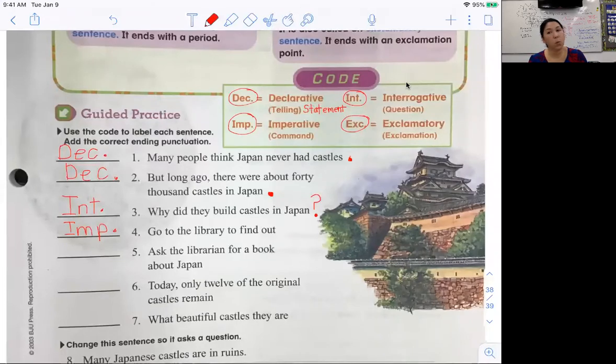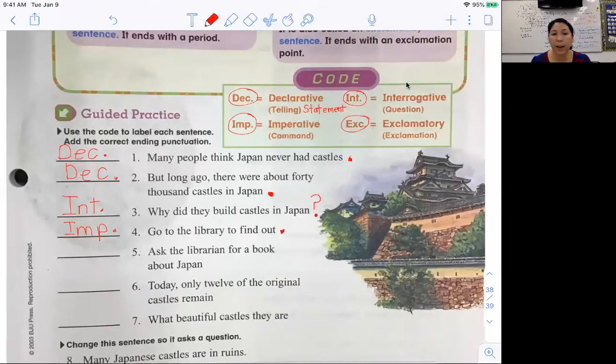Okay, now on this one, sometimes imperatives can have exclamation points if you're yelling it, like, move out of the way, right? If something's gonna hit you or something. But go to the library to find out, do you think they're yelling that? No. So we're just gonna put a period there.